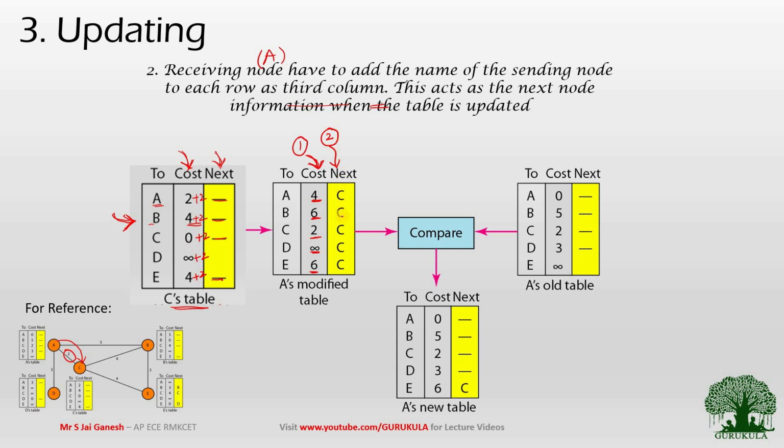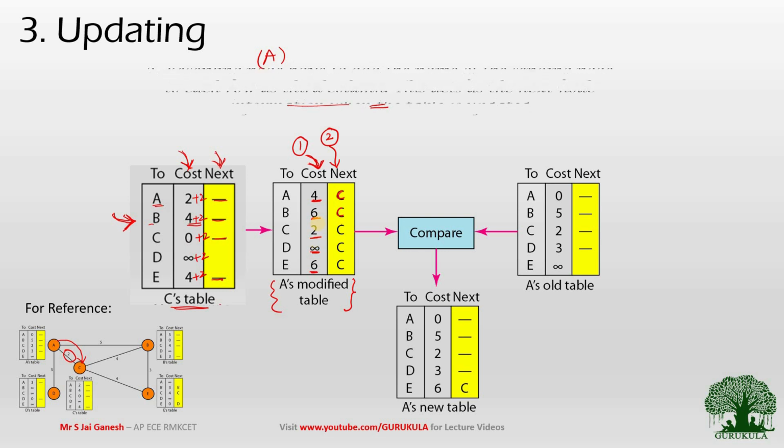The next node column should be replaced with the sending node value, because we are updating the data based on the information given from the sending node. Here the sending node is C, so we are changing the column to C. Now we can say that this is A's modified table. While completing these two stages, we have the modified table here, and then we go for the next step.